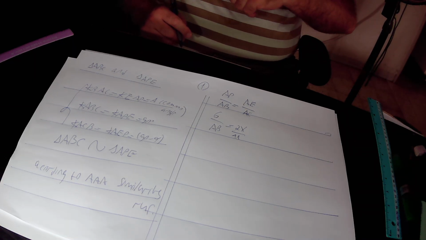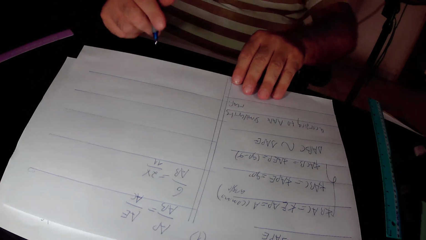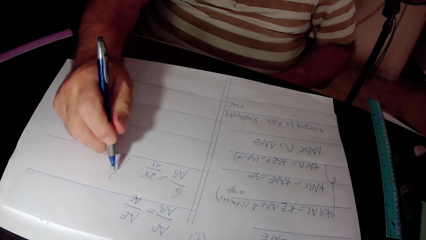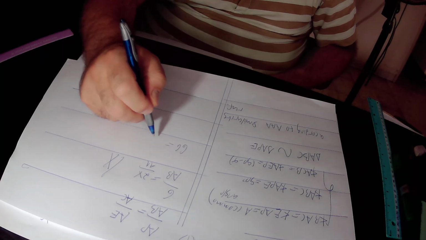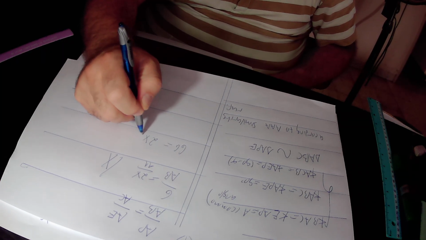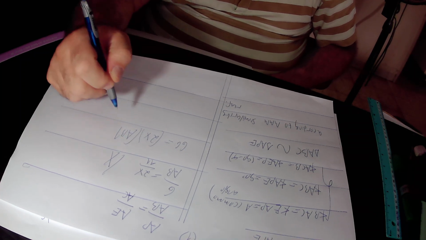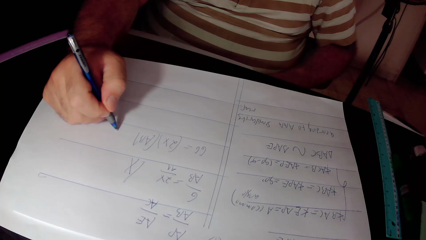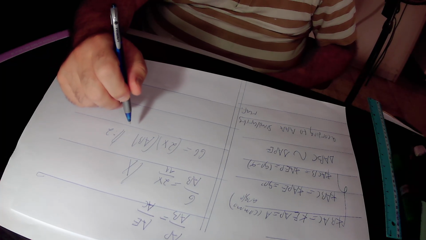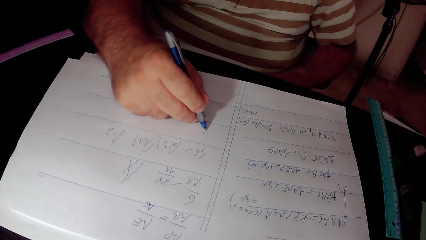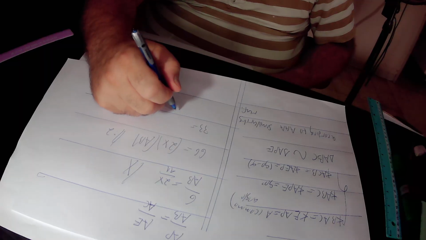Here we will first cross multiply this equation. And we get that 6 times 11 is 66, and it is equal to 2x times AB. Here we divide this equation by 2, and finally we get that 66 over 2 is 33, and it is equal to 2x over 2, which is x.